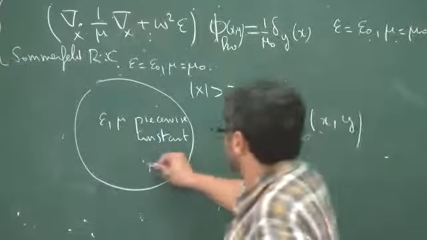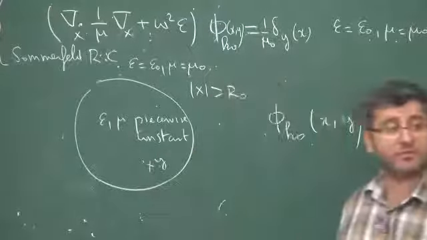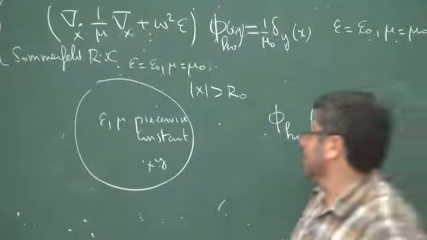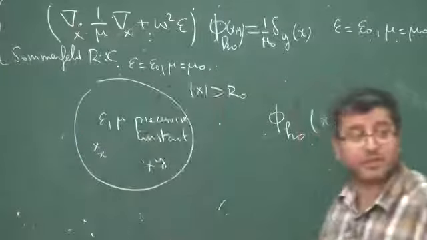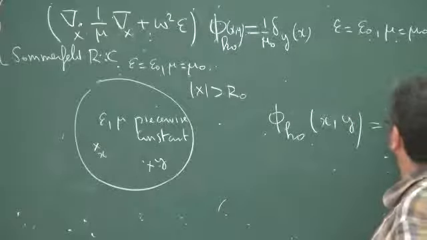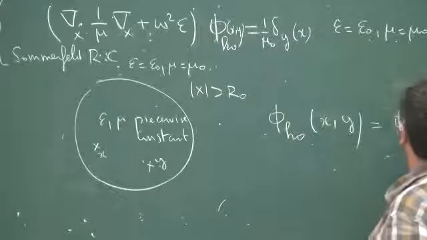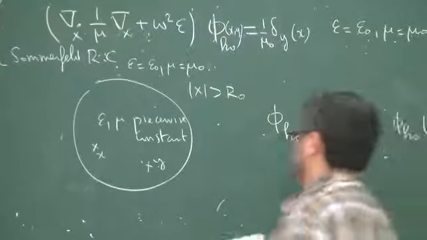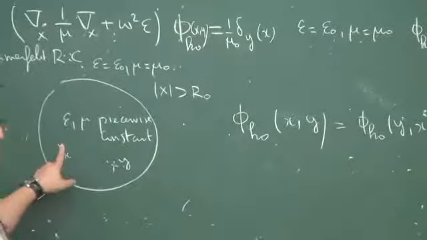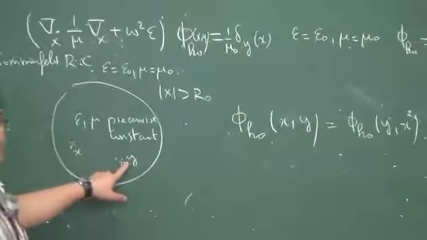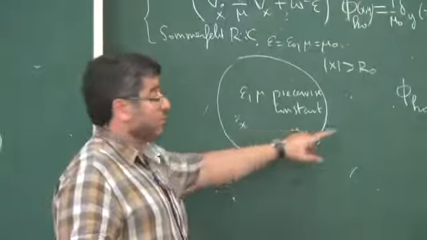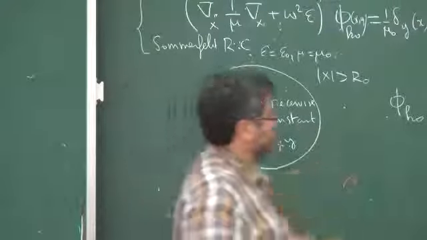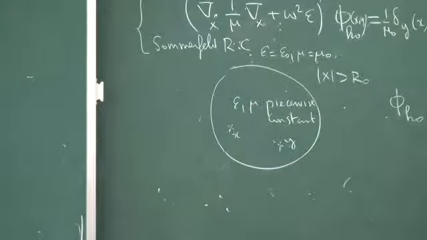Take y, generate a wave, and measure the wave at x. X could be here, whatever. Is this phi_k0 of y and x? That means generate the wave here, measure here. If reciprocity holds, then this is the same quantity. Okay, so let's prove that this is true.